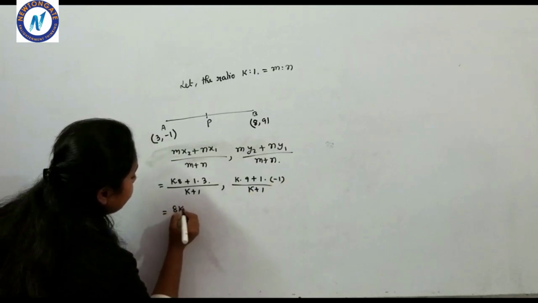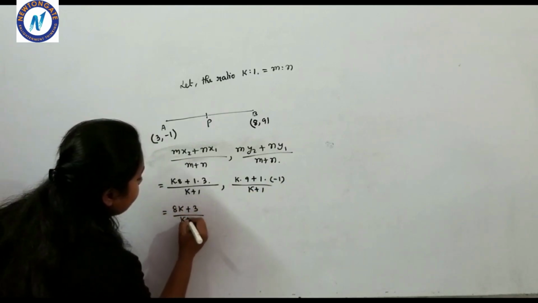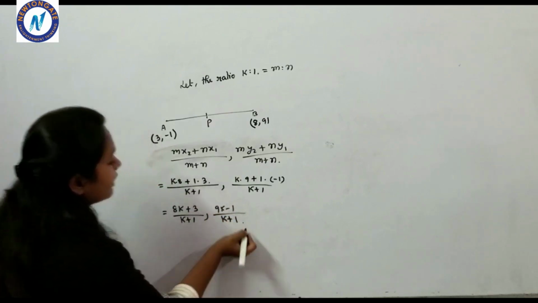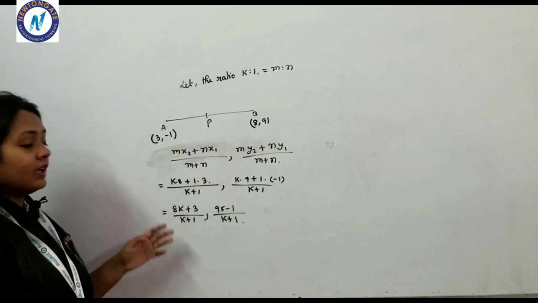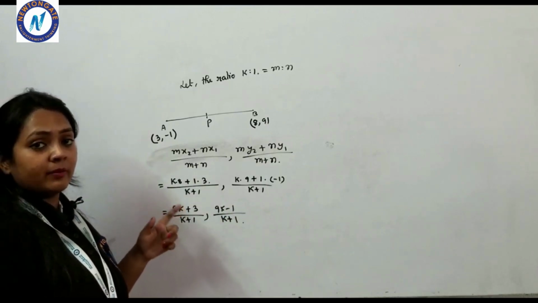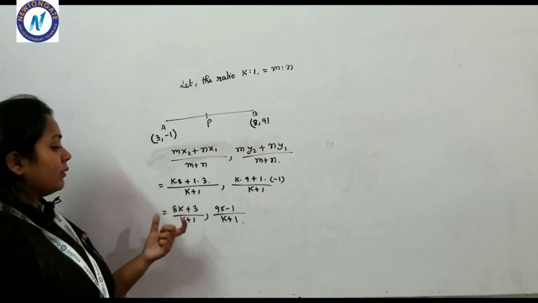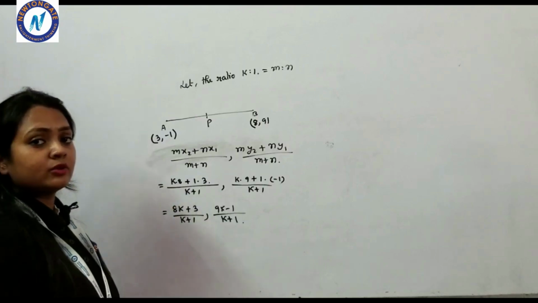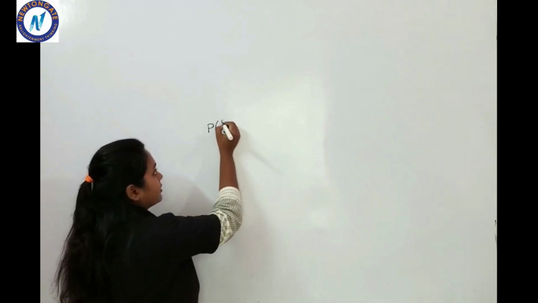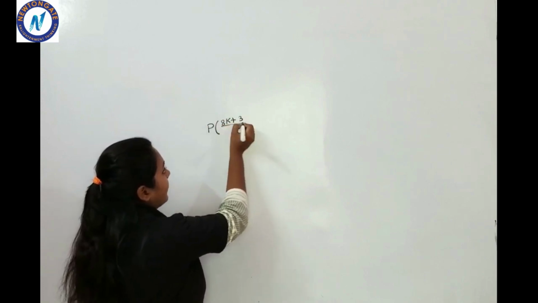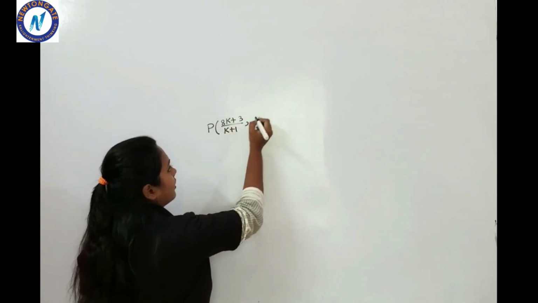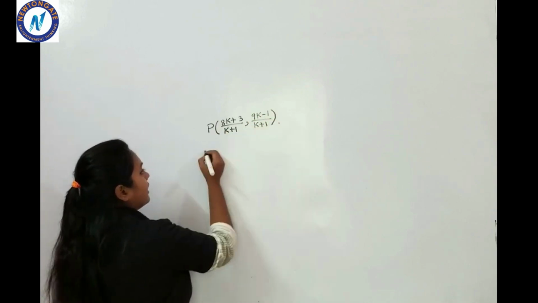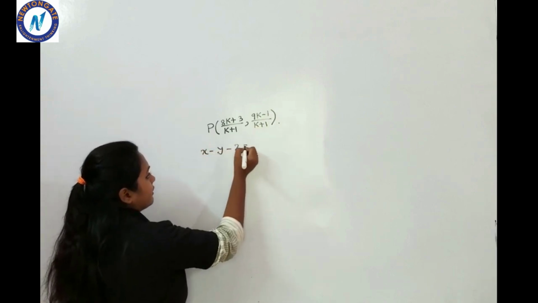That means (8k plus 3) divided by (k plus 1) and (9k minus 1) divided by (k plus 1). This point P lies on the line x minus y minus 2 equals 0. Then we will put the value of P in the line x minus y minus 2.